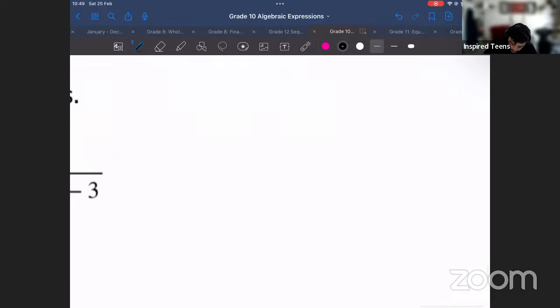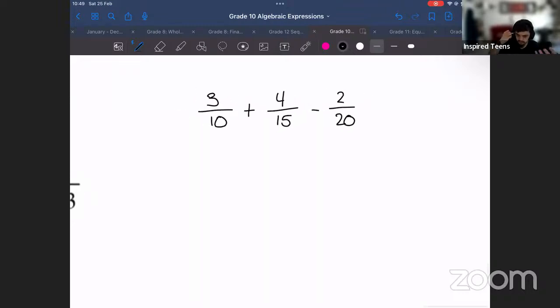Okay, so for example, if I have 3 over 10 plus 4 over 15 minus 2 over 20, and I want to find the LCD here, I need to find a number that goes into each of these denominators an exact amount of times, and it needs to be the lowest number possible.